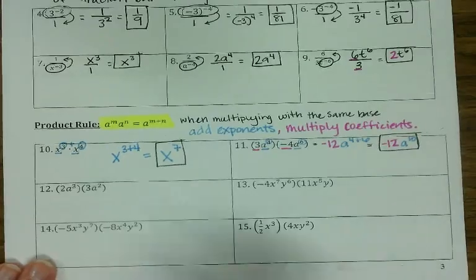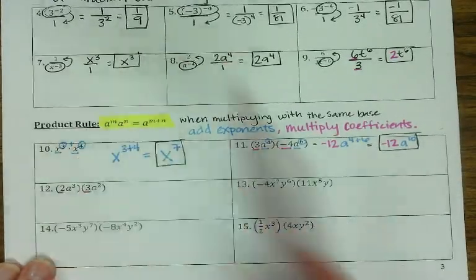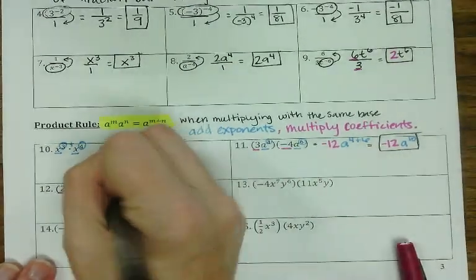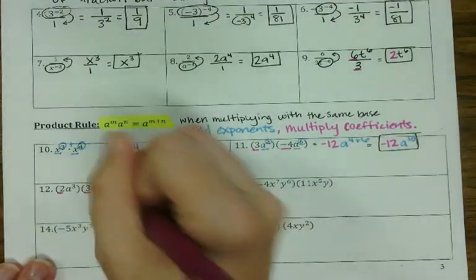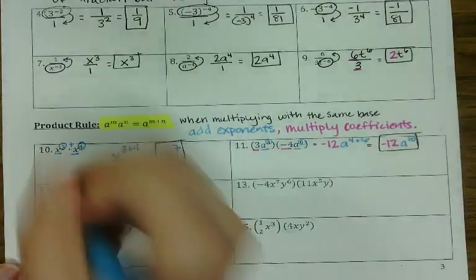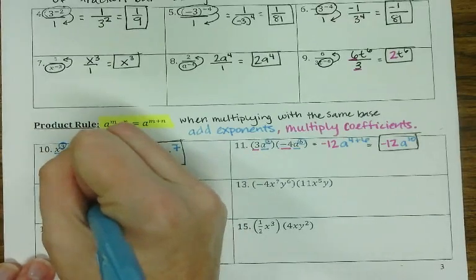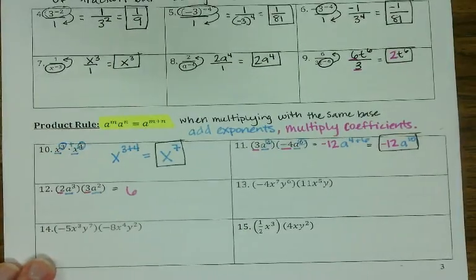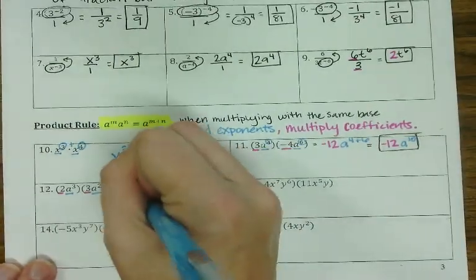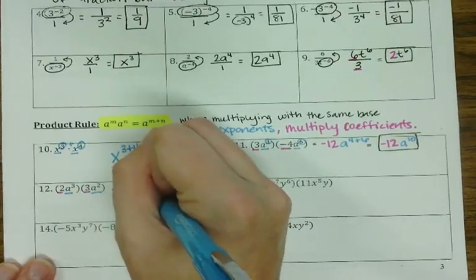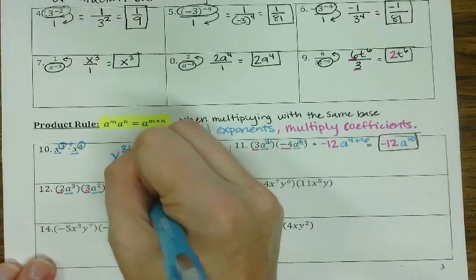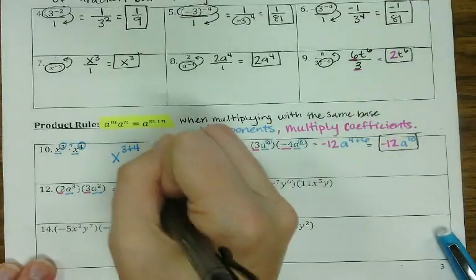So the first thing we're going to do is we are going to multiply our coefficients. So 2 times 3 gives me 6. All right? And then a cubed times a squared should give me a to the, what should it be? 5th, because we are adding exponents.